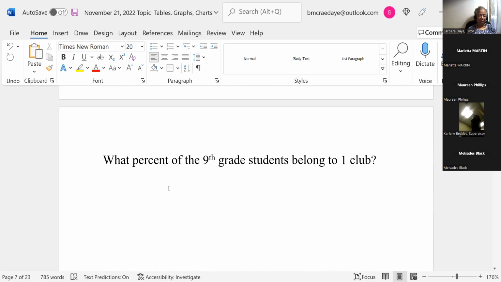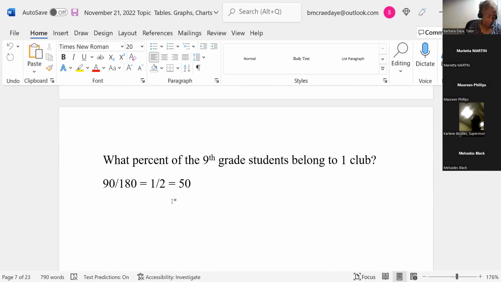No, 90 divided by 180. You're looking for percent. What's 90 divided by 180? Method of math. 0.5. Yeah, 1/2. So it's 1/2, which is 50%.